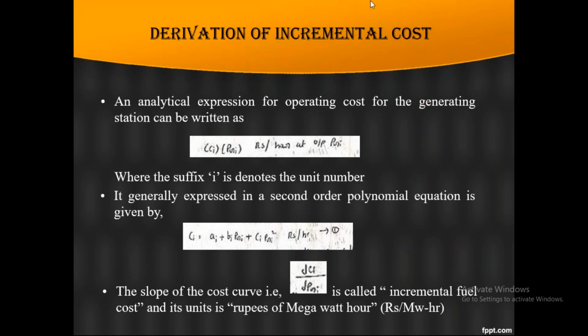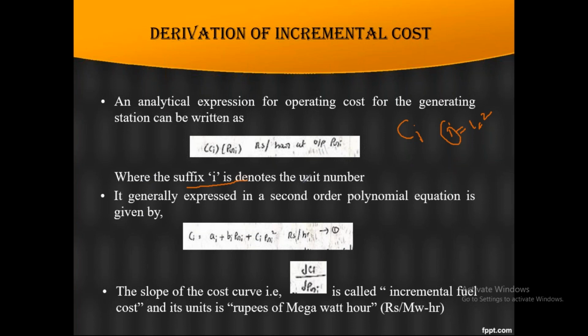The cost should be denoted by capital C with suffix i. Here C represents the cost and i represents the unit number. Suppose the power plant consists of 2 units, then i equals 1, 2; for 3 units, 1, 2, 3, so based on the number of units you can indicate i.